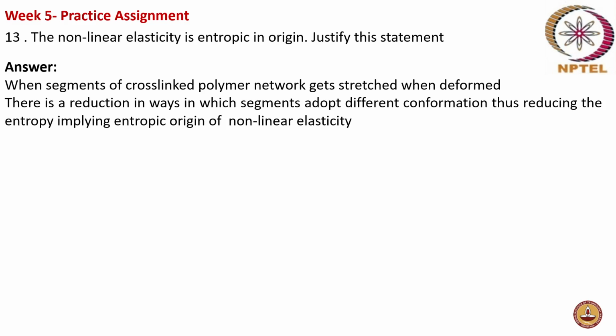In that stretched position, the ability of the material to have different conformations is reduced. When there is a reduction in the degrees of freedom for changing conformation, then obviously your entropy is reduced. That means entropy plays a vital role in non-linear elasticity.